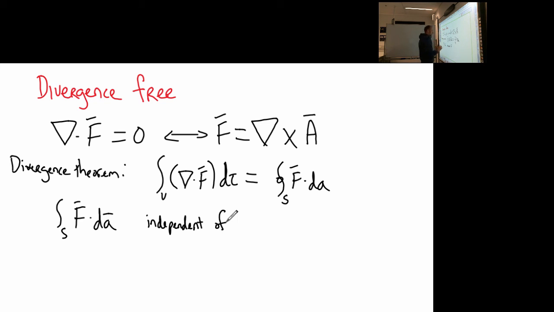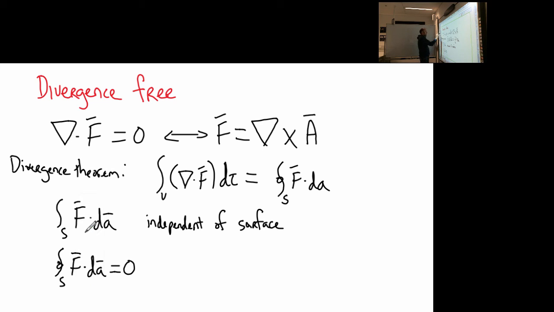It depends only on that boundary line. Now from Gauss's law again, from the divergence theorem, we have the closed surface integral of F dot dA, and this is going to be equal to 0. So what this says is that the net flux out of any closed surface is equal to 0.